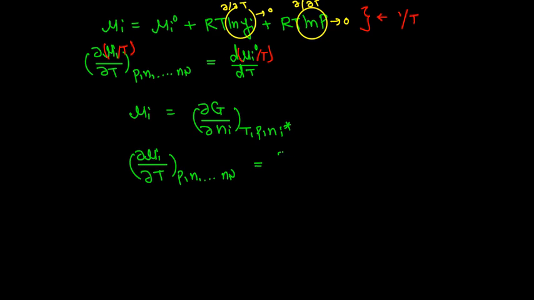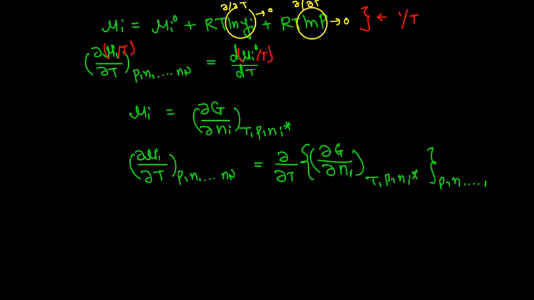When I operate del by del T on del G by del Ni, and then use Maxwell's reciprocity and exchange these two, it will turn out that this quantity del μi by del T at P and N1 and capital N is equal to minus the partial molar entropy. This is the negative of partial molar entropy.